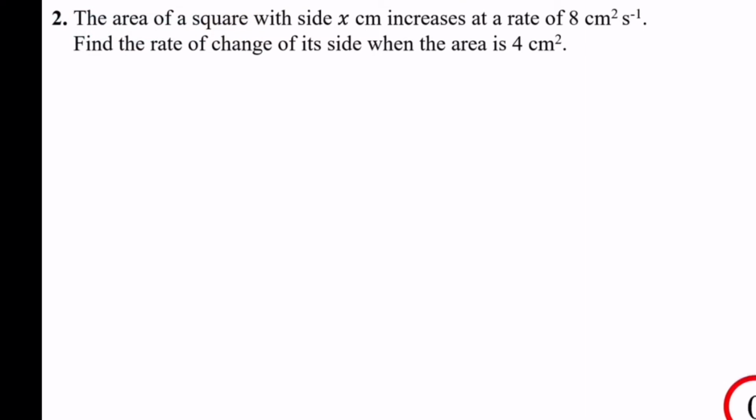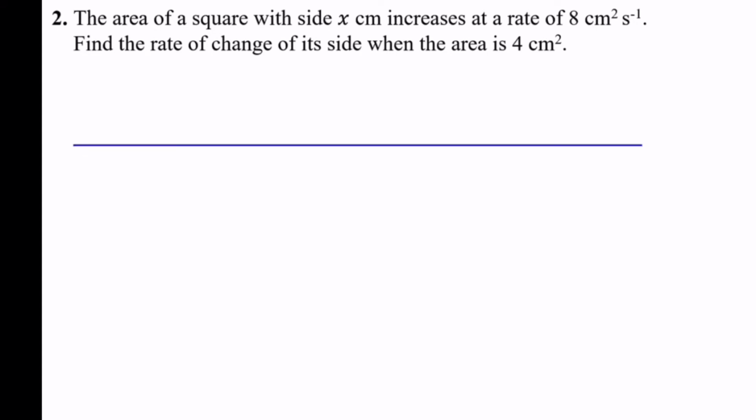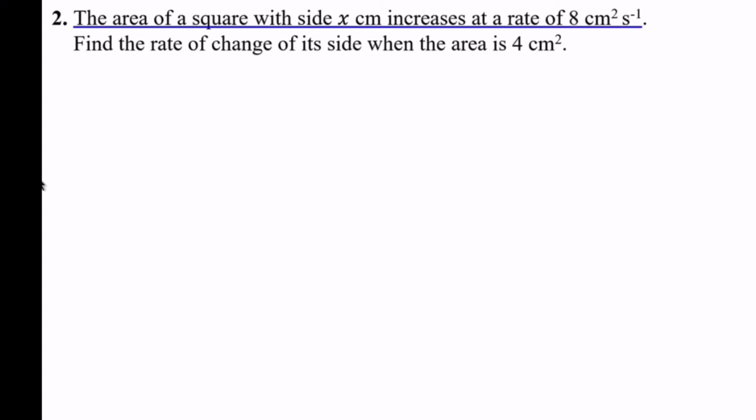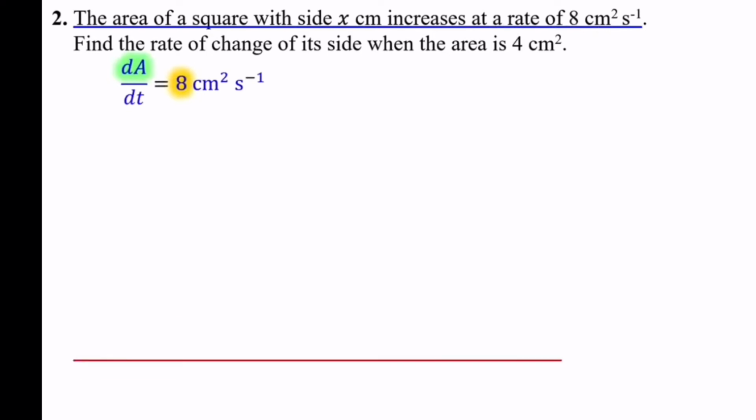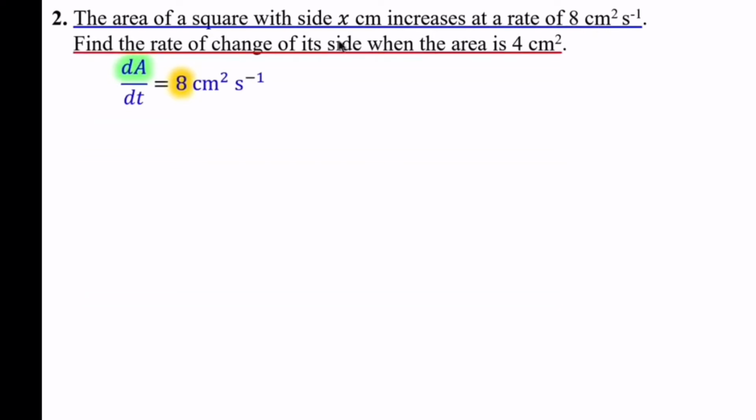So this is actually a question involving thinking skills. The area of a square with side x increases at the rate of 8 centimeters square per second. That means dA/dt is 8 centimeters square per second. Now you have to focus on the keywords. Find the rate of change of each side when the area is 4 centimeter square.